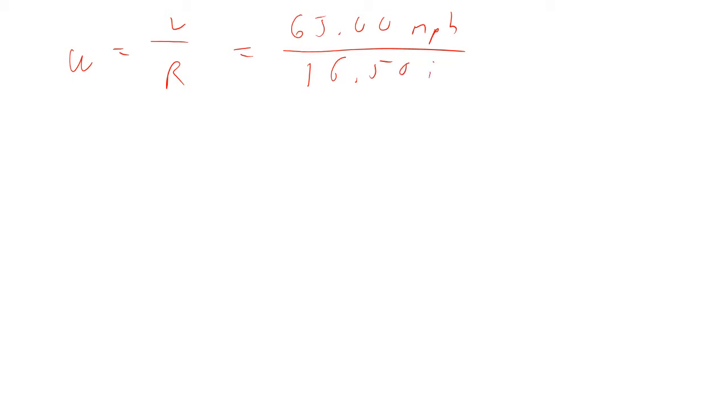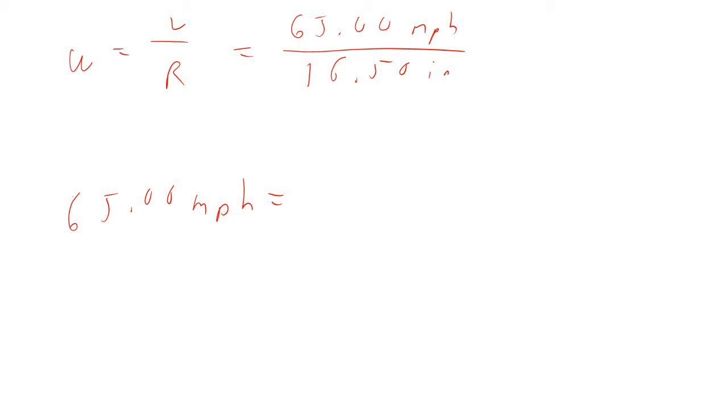It's pretty straightforward. Angular velocity is going to be V over R, so that'd be 65 miles per hour divided by 16.5 inches. Well, obviously we need to convert 65 miles per hour into feet per second or inches per second.